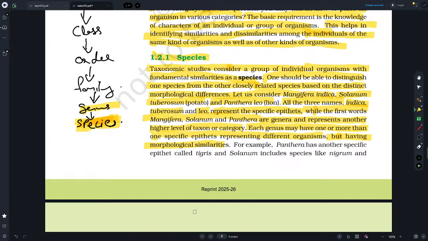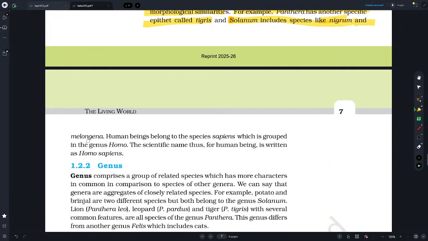We can say a genus contains one or more than one species under it. Panthera has another specific epithet called tigris, and Solanum tuberosum. We can also include Solanum nigrum, and Solanum melongena, which is the brinjal.